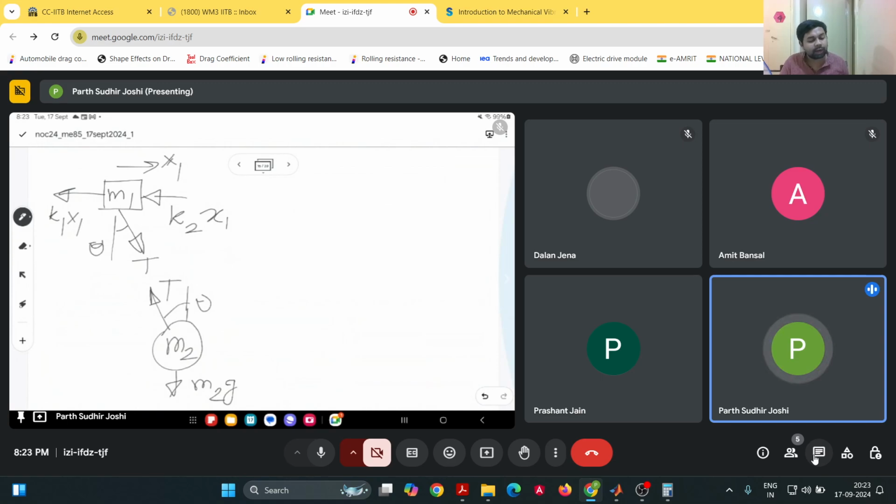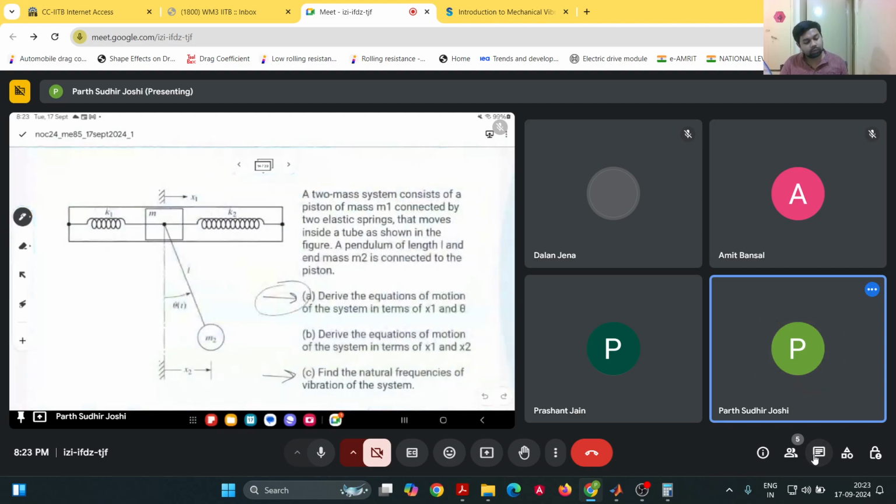So now we can write down the equation of motion for both of these systems. What is the displacement of mass M2? We can write x2 in terms of x1 and theta as x1 plus what?